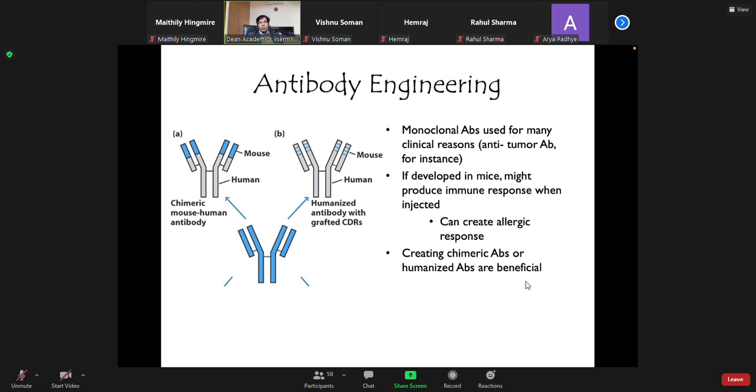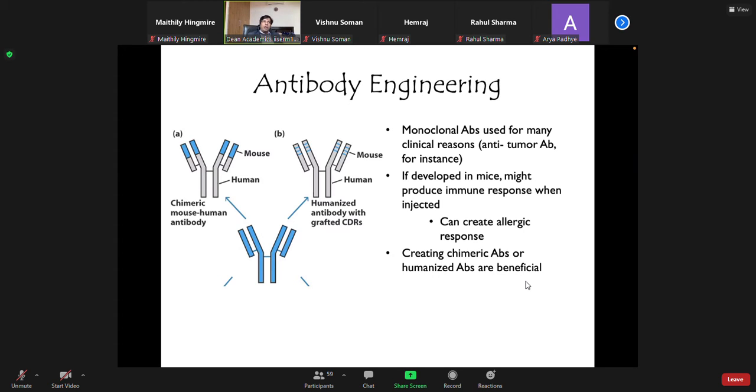And if you do so, chances are that in the first injection, nothing is going to happen. But if you do it a second time, and invariably when you perform cancer immunotherapy you have to give multiple injections of these antibodies, either at the site or systemically, right?